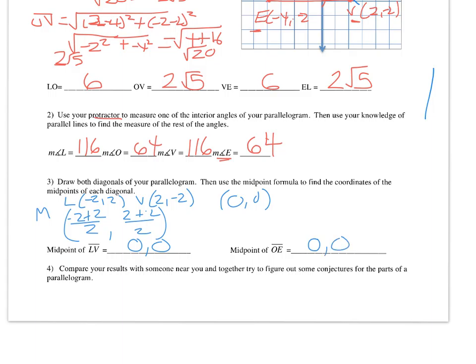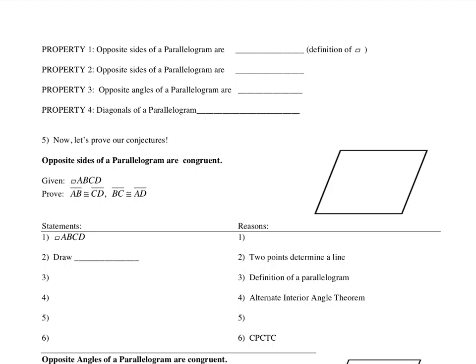Now I'm going to go straight to the next page and write down all of the properties. You're going to need to look in your book at page 420. We're actually going to add another property, property 5. So the first property is opposite sides of a parallelogram are parallel. We also saw in our investigation that opposite sides of a parallelogram are congruent. We saw that opposite angles of a parallelogram are congruent.